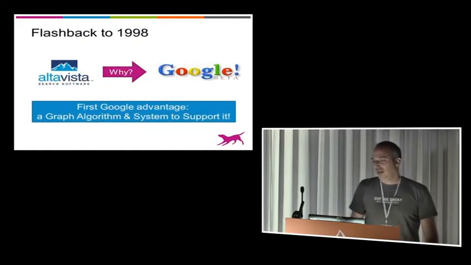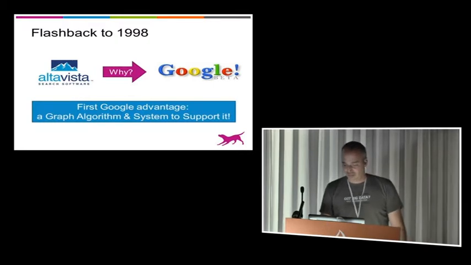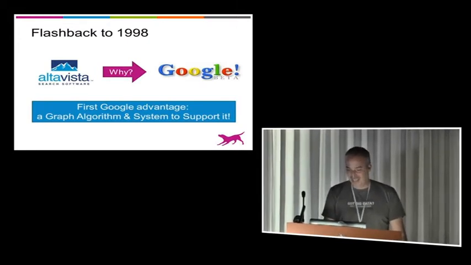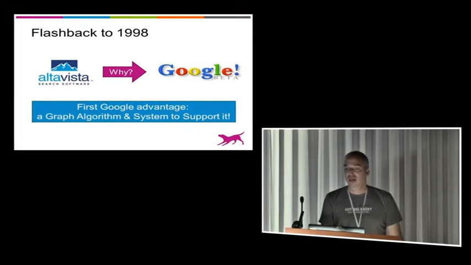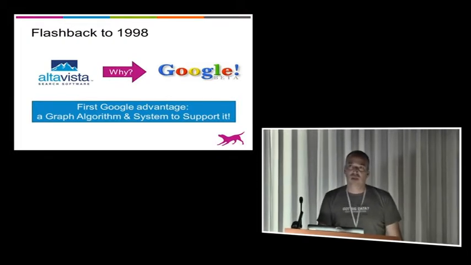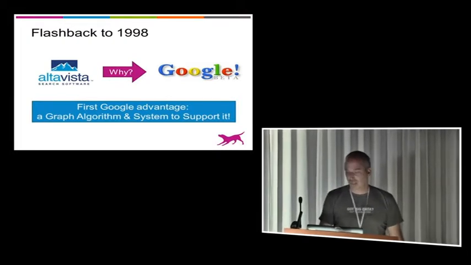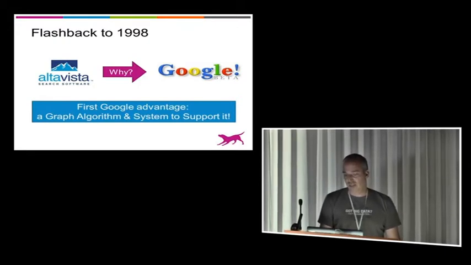We like to show this example. A few years ago, there was a big company which is represented here now, formerly known as AltaVista, and a new company came with a very good graph algorithm and also a system to support it, and significantly improved the search results using this automated algorithm.